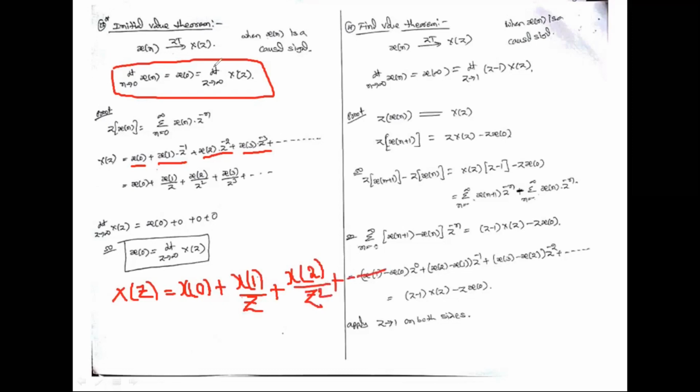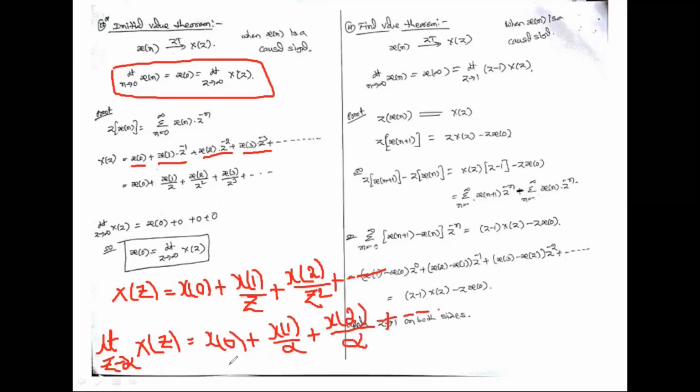Now, the initial value theorem states the limit z tends to infinite. Apply the limit z tends to infinite here. Limit z tends to infinite x of z is equal to, what is the z here? The infinite. Substitute in the right hand side also: x of 0 plus x of 1 by infinite plus x of 2 by infinite, and so on.